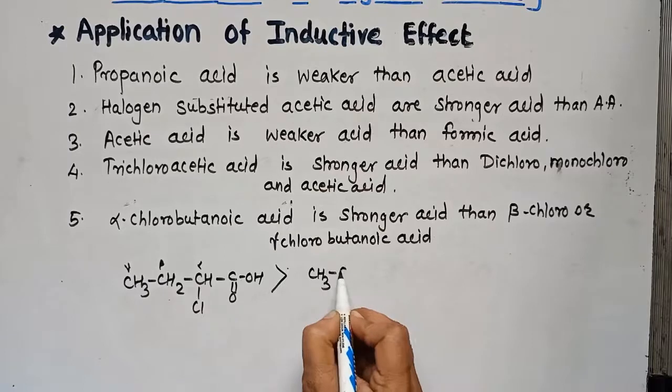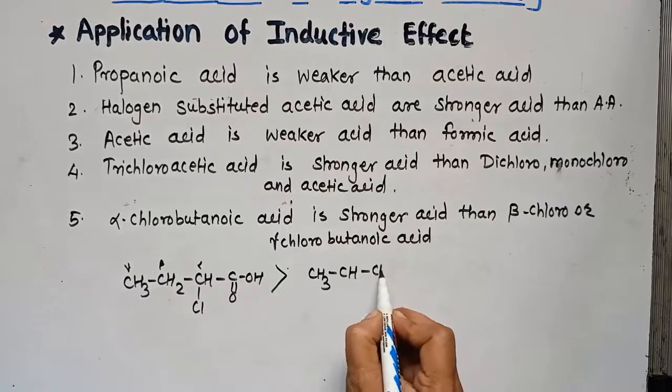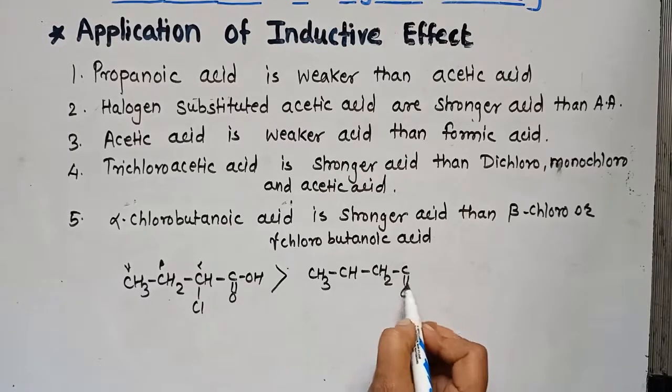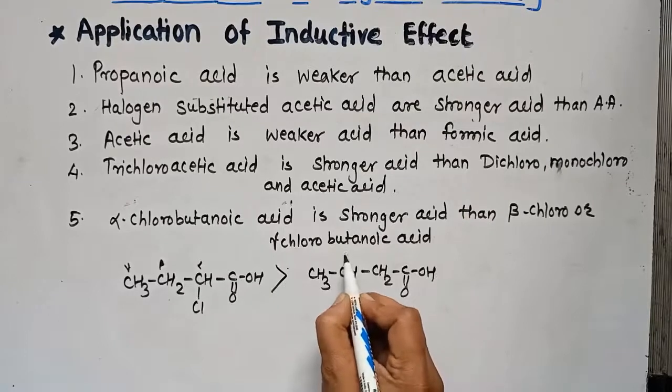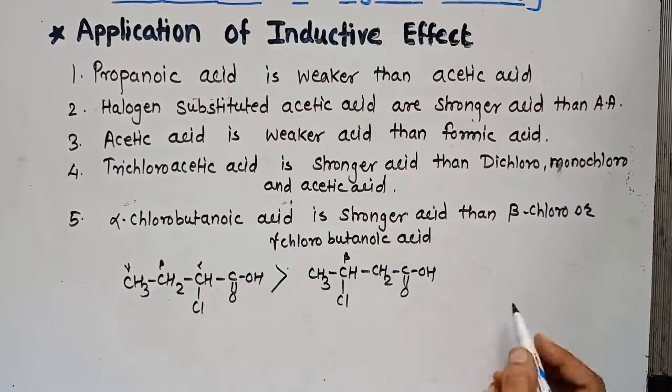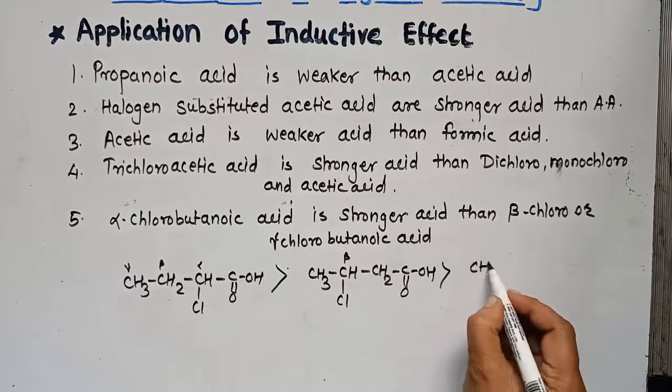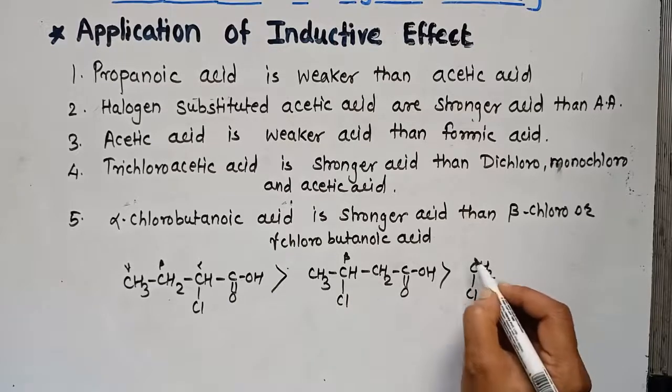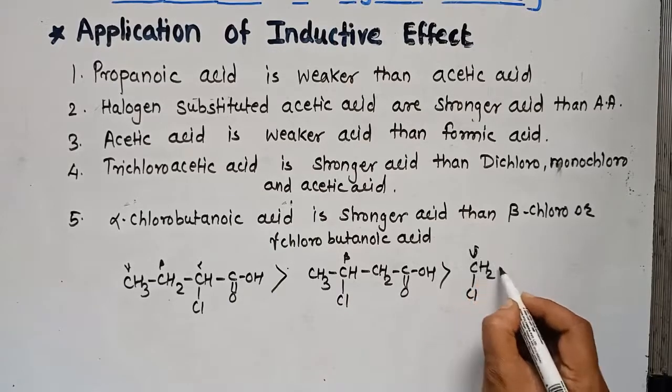Then beta chloro, this is the beta carbon, to which chlorine is present, and gamma chloro means at the gamma position, this one is the gamma carbon.